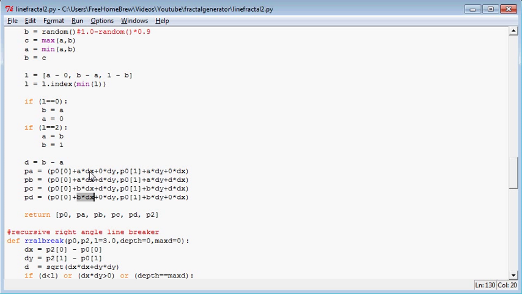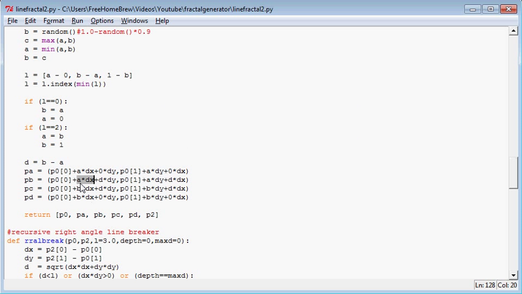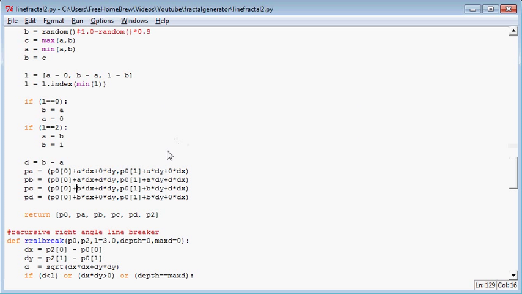So point A and B are at the same x-coordinate, as are C and D, which is the red arrow. And then the y-coordinate is the y-coordinate of the left point, P0, plus A times dy, and B times dy.